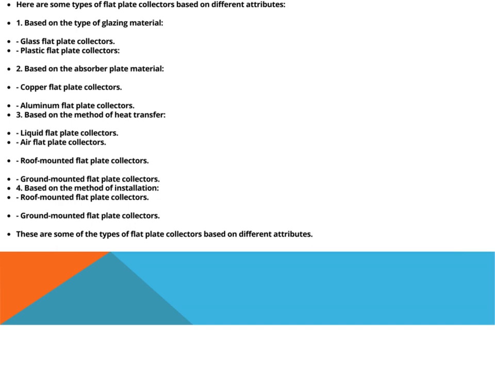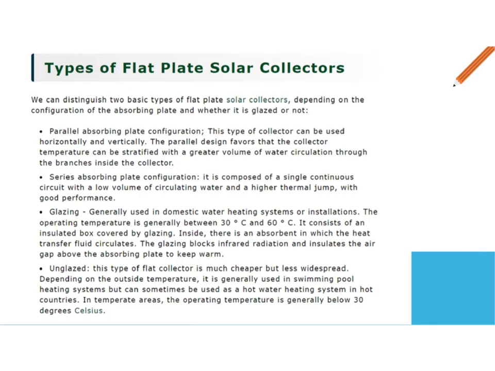Then we have the types of flat plate solar collectors. Here we can distinguish between two basic types of flat plate solar collector depending on the configuration of the absorbing plate and whether it is glazed or not. Here comes the parallel absorbing plate configuration. This type of collector can be used horizontally and vertically.